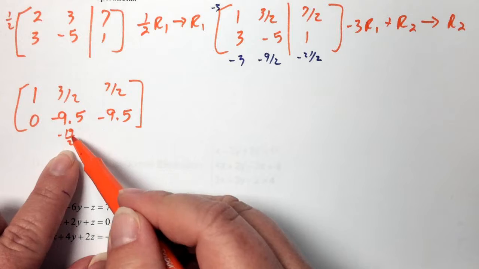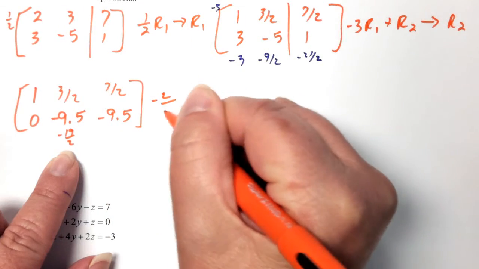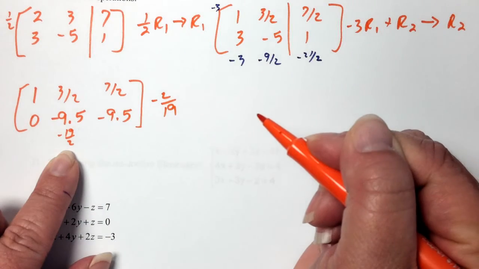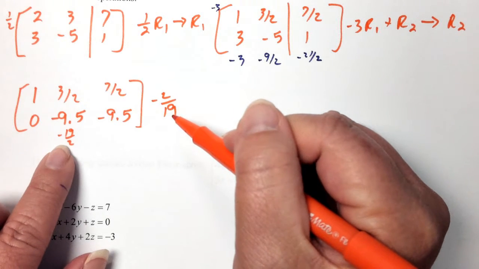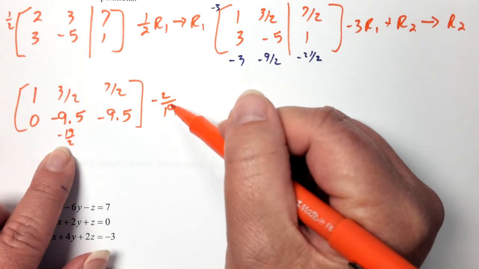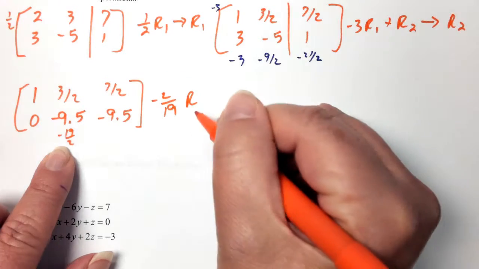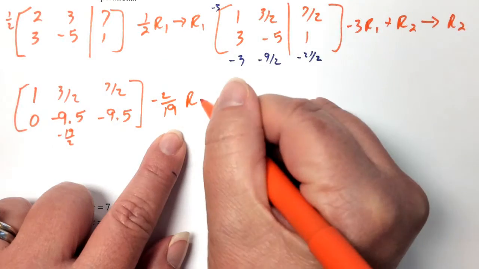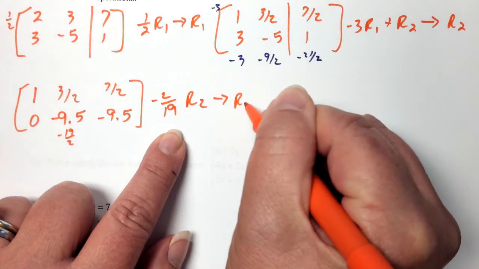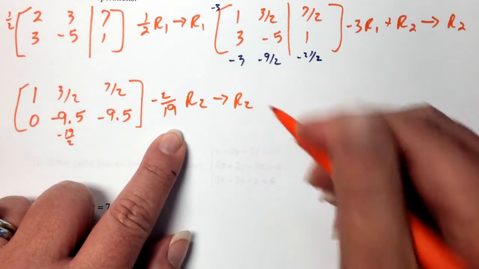The reciprocal of -19/2 is -2/19. Okay, so -19/2 times -2/19 will make a +1. So I'm going to multiply by the reciprocal, -2/19, by row 2. Stick that result in row 2.